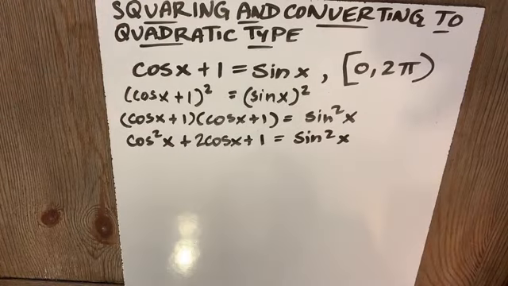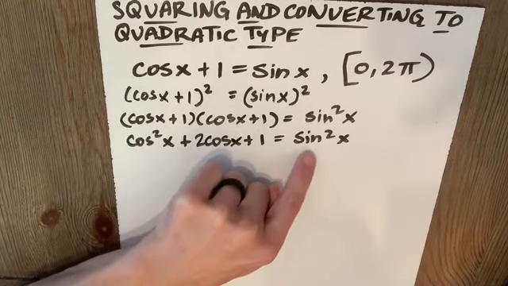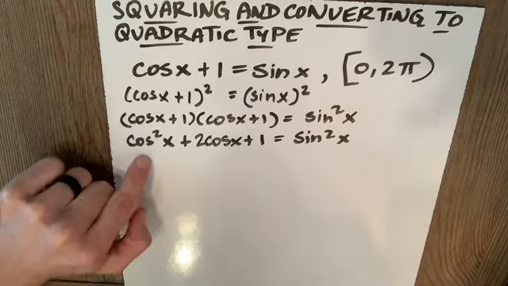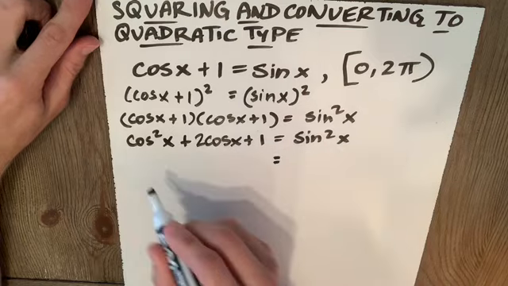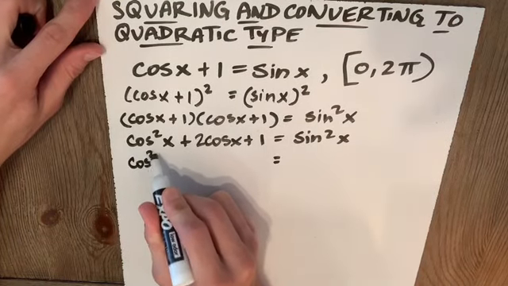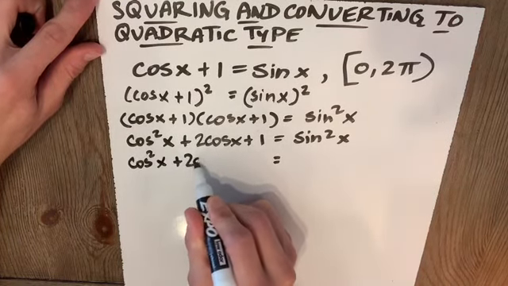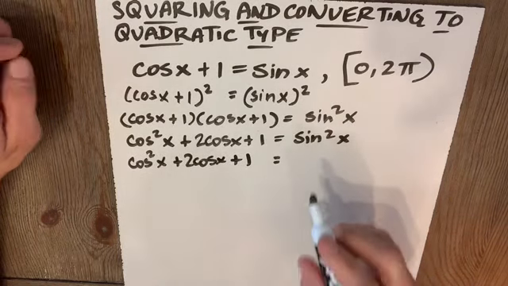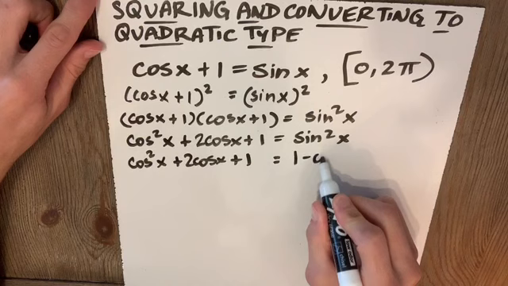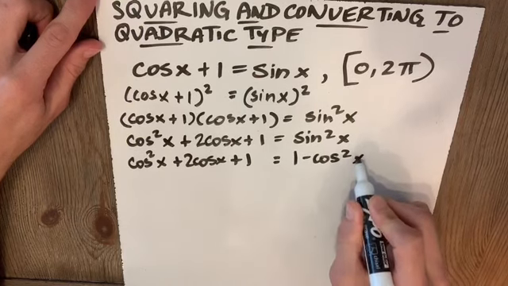Now the question becomes, do I want to write this in terms of cosine or in terms of sine? Notice, because I have 2 cosines over here and only 1 sine over here, I can make the substitution. Cosine squared x plus 2 cosine x plus 1. I know that sine squared x is equal to 1 minus cosine squared x.